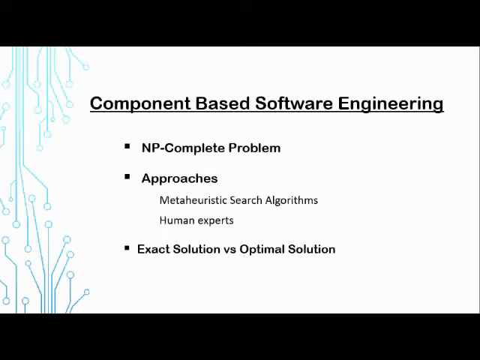The two most common approaches are the selection of the components by human experts or the selection of components by meta-heuristic search algorithms. These algorithms search through a software repository to select the best software modules to form the final software solution.